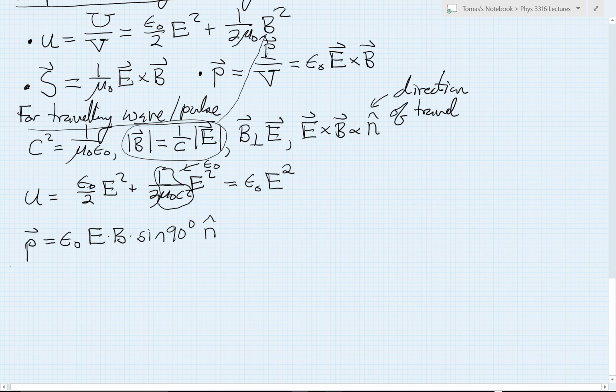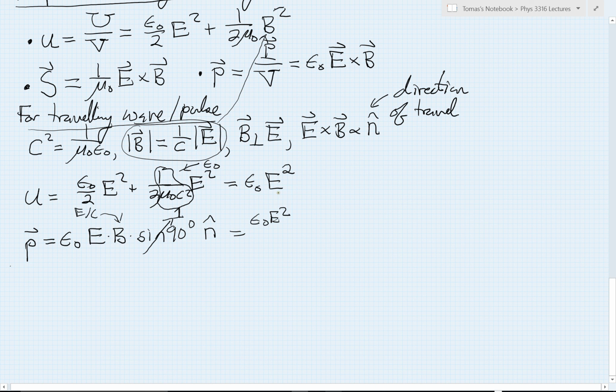Now we can simplify. Sine of 90 degrees is easy. That's just 1, so that goes away. For B here, I know once again the magnitude is just E over c, which I can substitute in for B. So what I'm left with is epsilon naught E, and when I substitute this in, I've got E squared on top and c on the bottom. So I've got epsilon naught E squared. Oh, that's interesting.